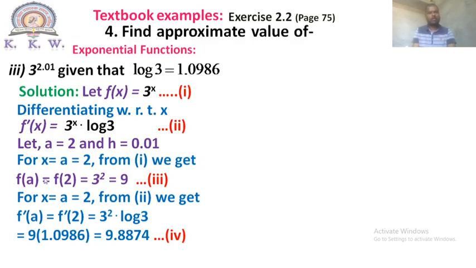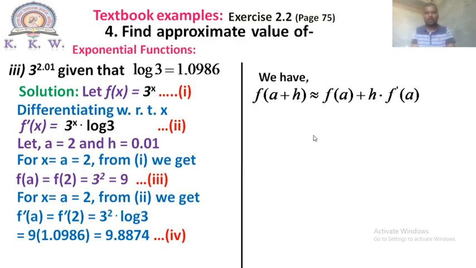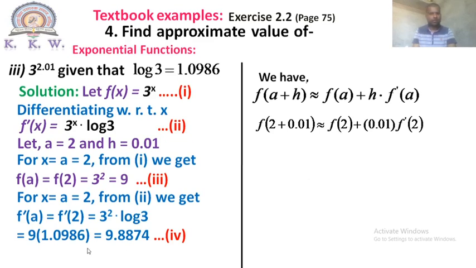Now we'll put this value in the formula of approximation: f of a plus h approximately equal to f of a plus h into f dash of a. Therefore, f of 2 plus 0.01 approximately equal to f of 2 plus 0.01 into f dash of 2. F of 2 is 9. F dash of 2 is 9.8874.